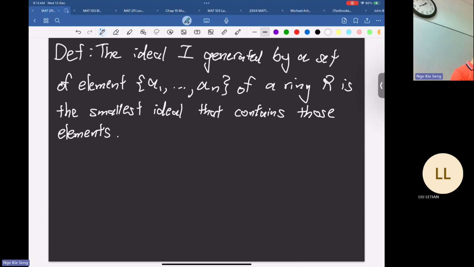More precisely, I should be able to write this definition in set notation.